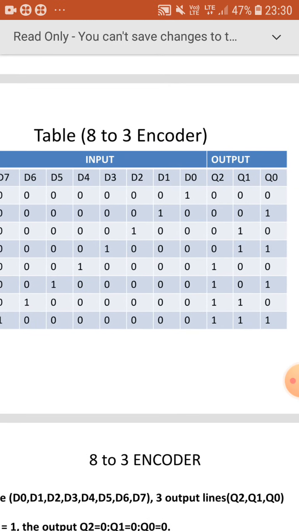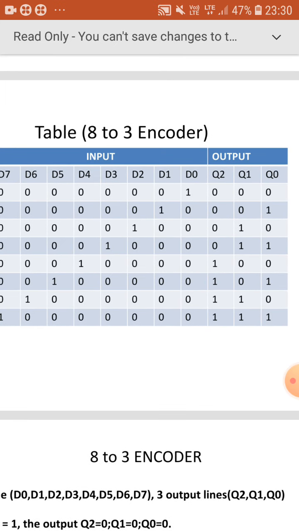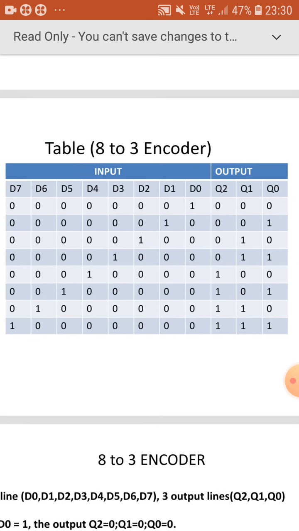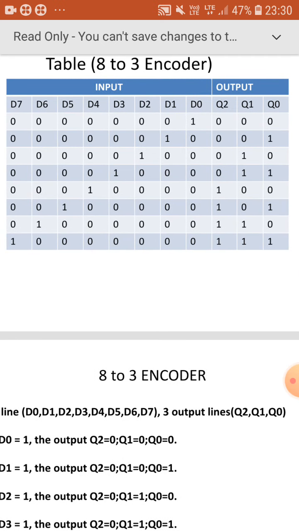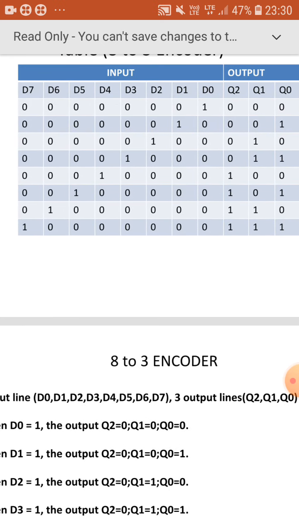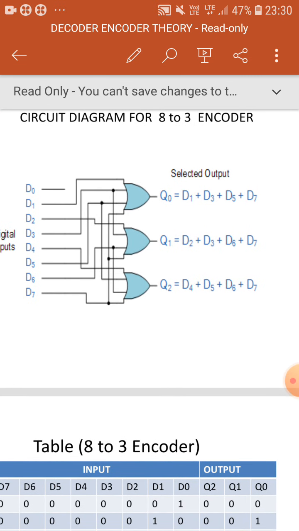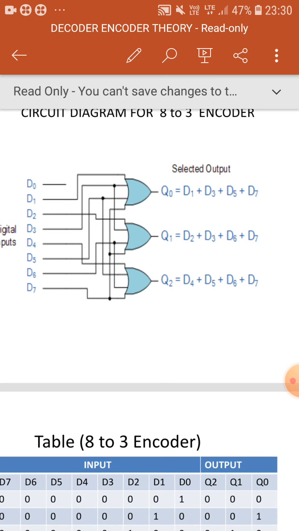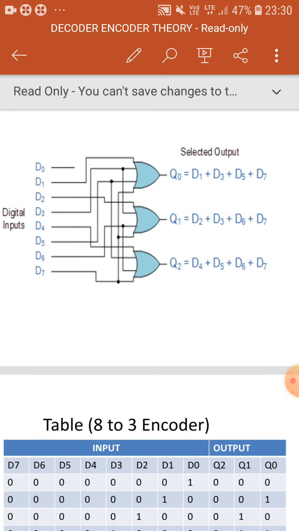Next you see the Q0. Q0 is 1 when D1 is equal to 1 or D3 is equal to 1 or D5 is equal to 1 or D7 is equal to 1. So here Q0 is equal to D1 or D3 or D5 or D7.